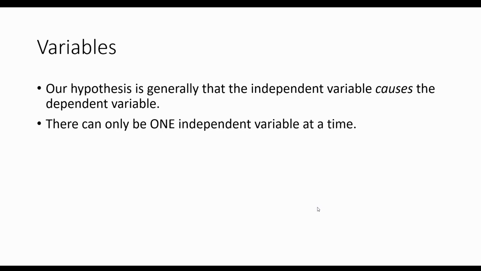Now, we'll talk later about how there are times where we might have what I might call a complex study, where you have more than 2 groups. If you have more than 2 groups, as long as the differences between the groups that you're comparing are only one thing, then you're fine.